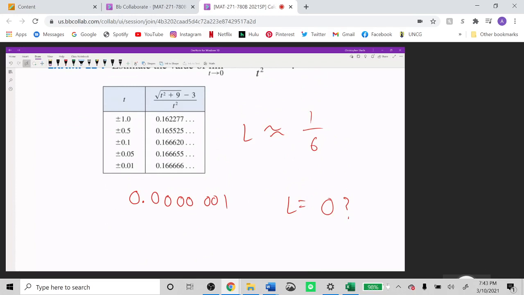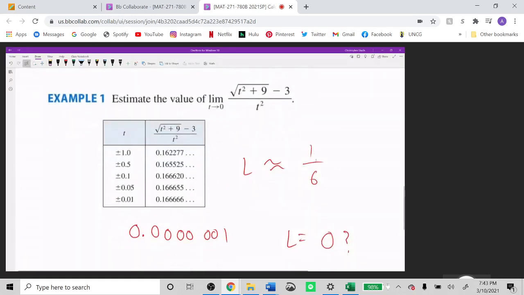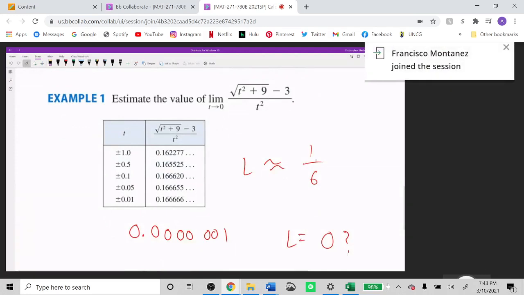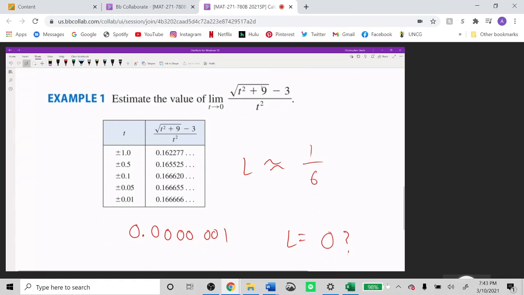No, so what's happening here is the limit of this actually is 1/6. However, whenever you plug in a sufficiently small number for t, the square root of t squared plus 9 gets really, really close to 3.